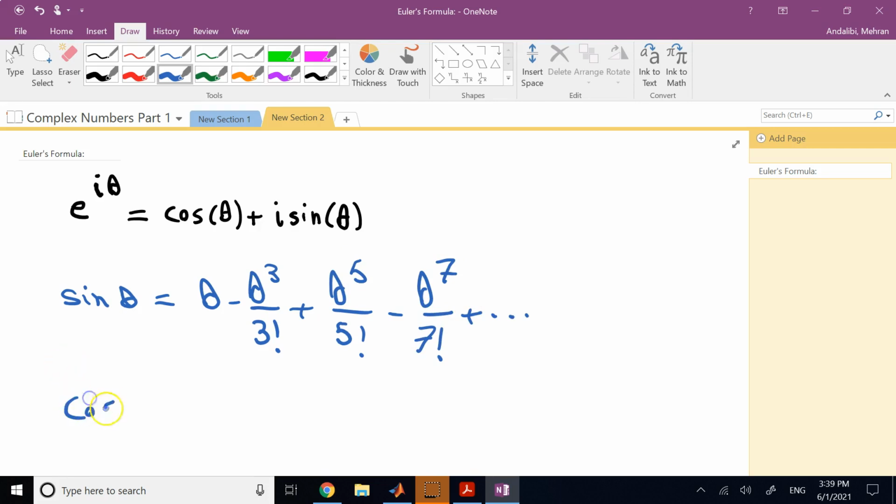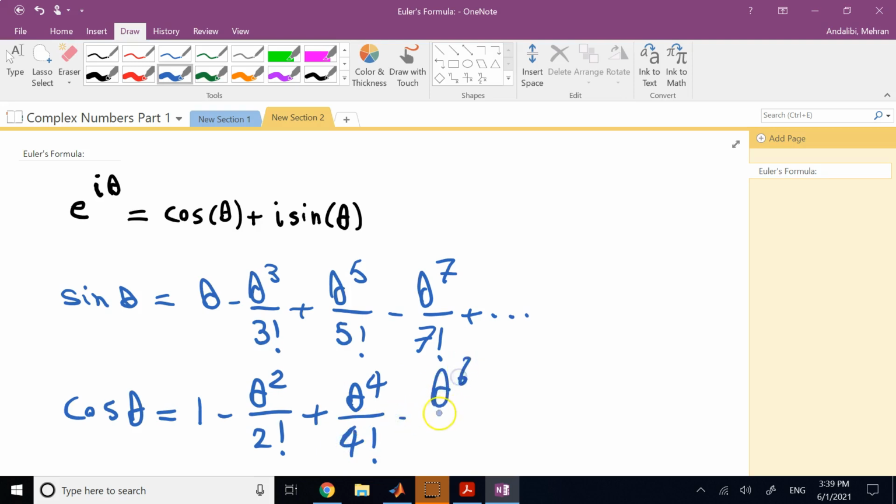Also, for the function cosine of theta, it is 1 minus theta squared over 2 factorial plus theta to the 4 over 4 factorial minus theta to the 6 over 6 factorial, and then keeps going.